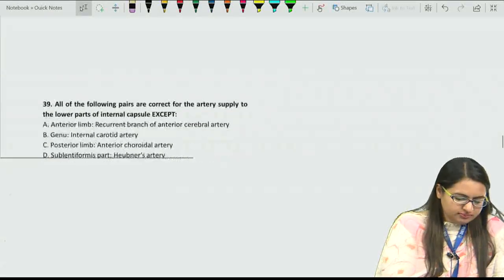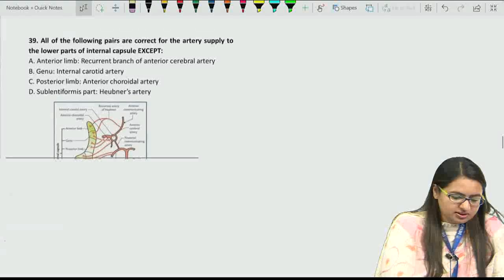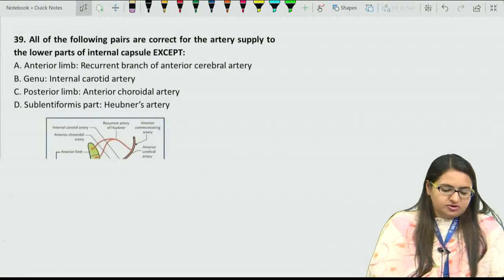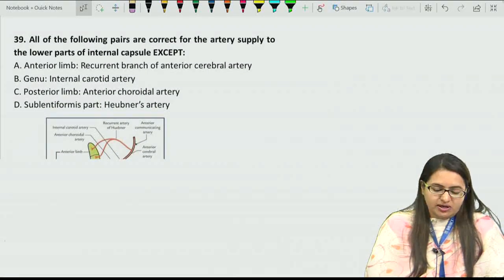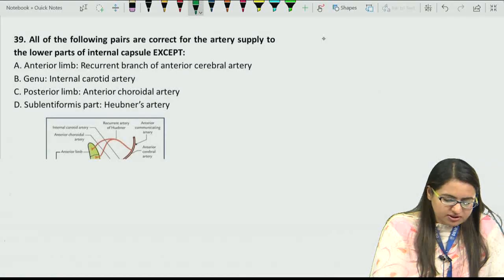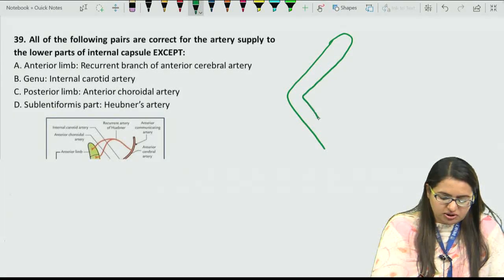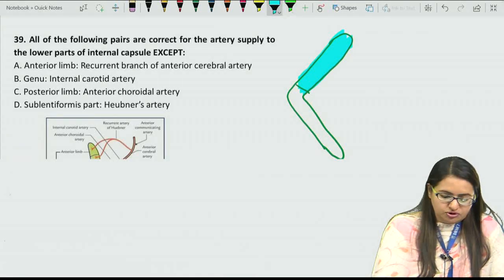The next question is regarding the arterial supply of the internal capsule. First of all, the internal capsule is a V-shaped structure. It has an anterior limb. Towards the posterior side, we have the posterior limb.